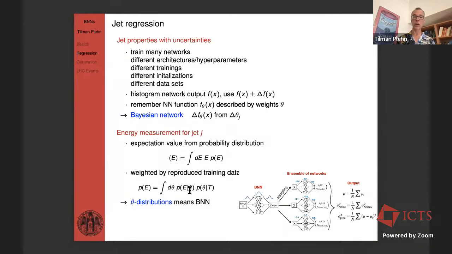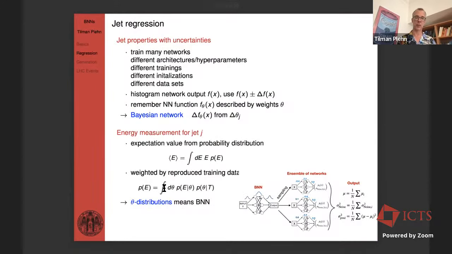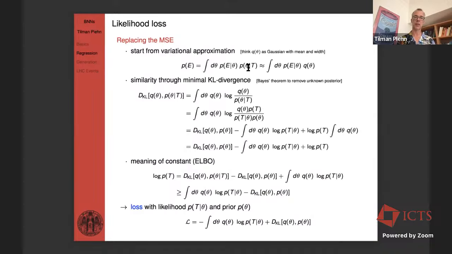Okay, so what do I do with that? I just copy this here. These are just these two formulas. Copy P of E here: P of E given theta times P of theta given the training data.